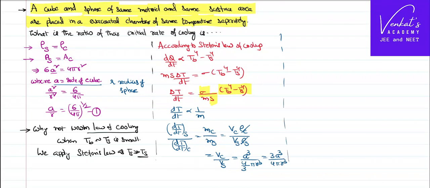The ratio of the rate of cooling of the sphere to that of the cube is 3 by 4 pi into a by r whole cube.